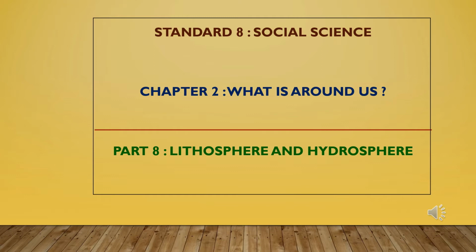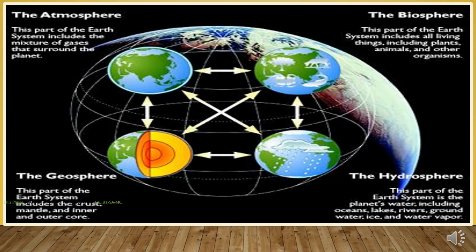Let us look at each of the four spheres in a bit more detail to gain a better understanding of how they help make up the Earth. The area near the surface of the Earth can be divided into four interconnected spheres: lithosphere or geosphere, hydrosphere, biosphere, and atmosphere.